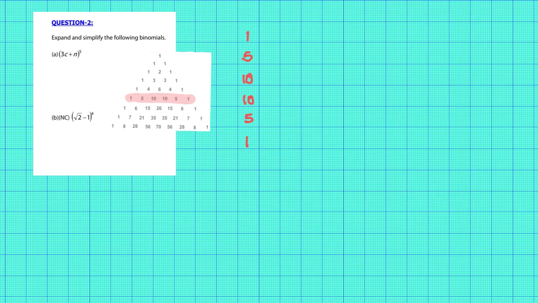Now write the powers of 3c. So you get 3c to the power of 5, 3c to the power of 4, 3c cubed, 3c squared, 3c to the power of 1, 3c to the power of 0, which is 1.